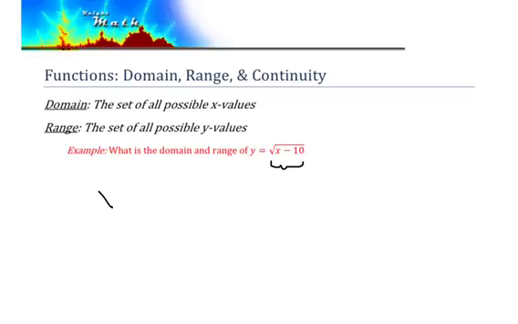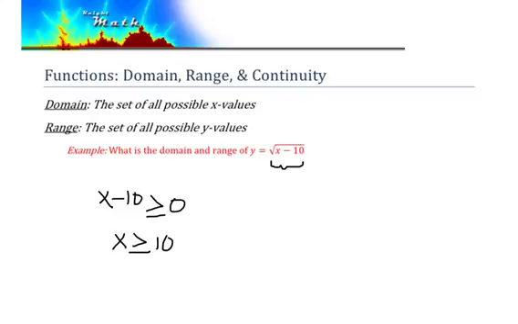So we want x minus 10 to be greater than or equal to 0. It's okay to have 0 under the radical, that's fine. Solving this, adding 10 to both sides, we have x is greater than or equal to 10. So there are our restrictions for possible x values.